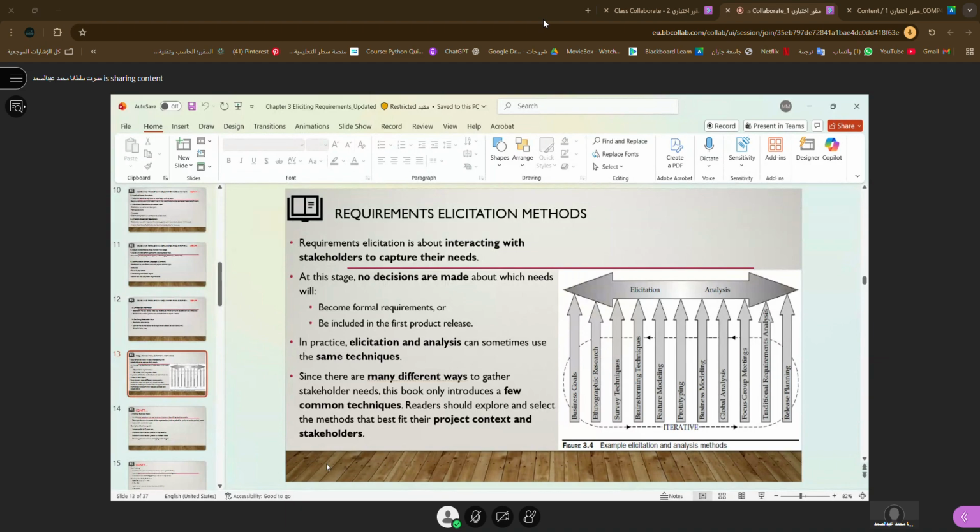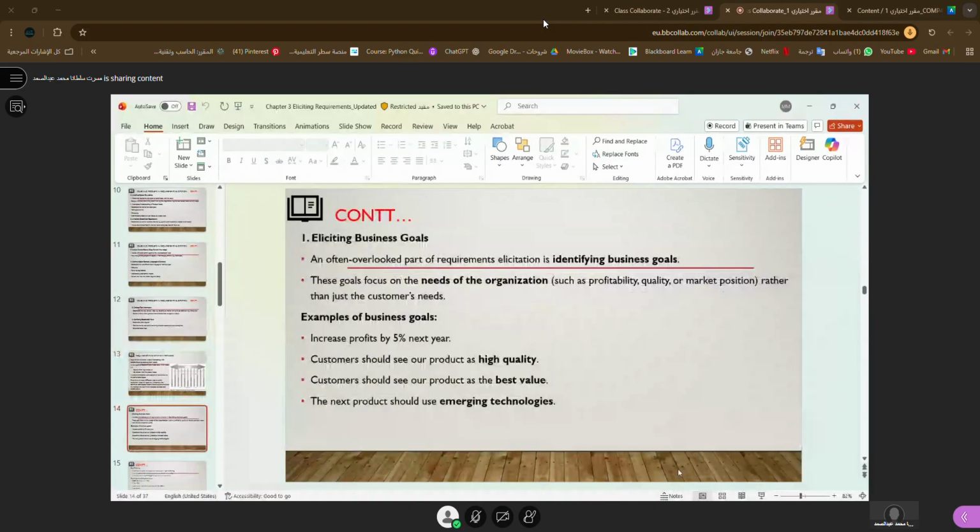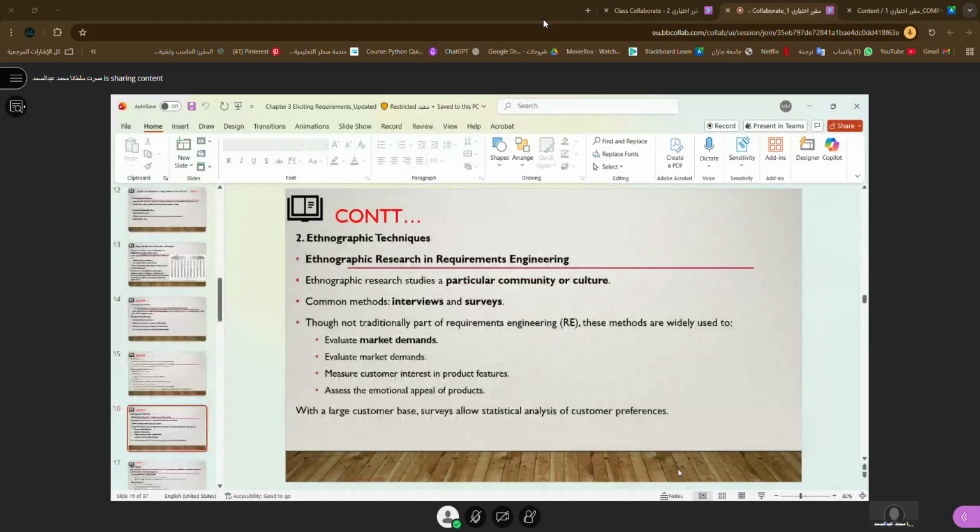So next one is about requirement elicitation methods. So here this is just the information given about requirement elicitation methods. This you have to remember. Okay, analysis. Maybe short. In this, these are the different methods.